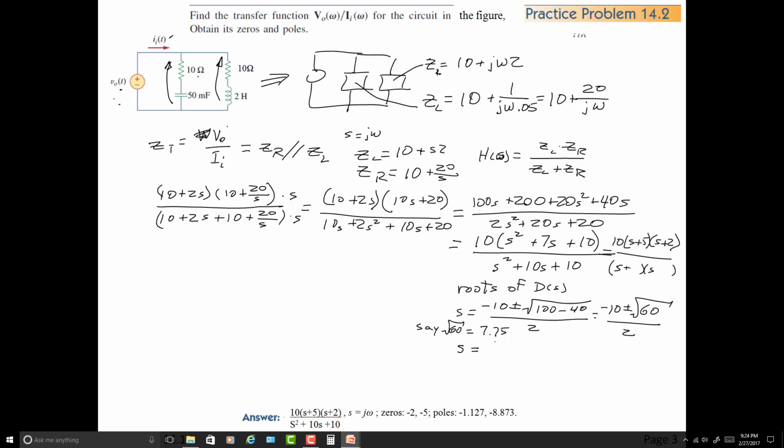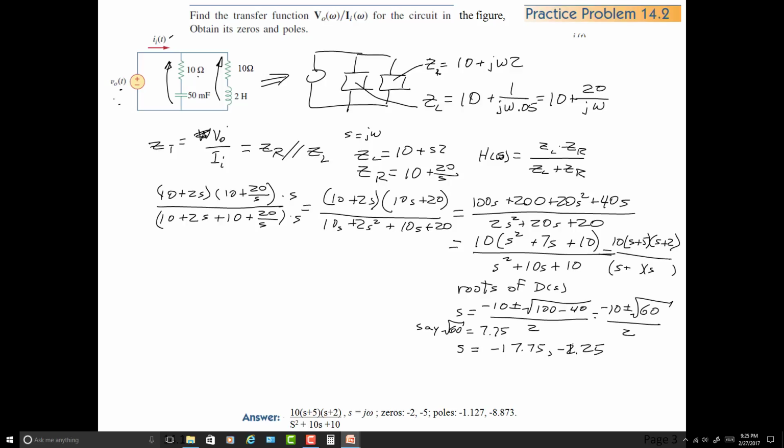So that means s is going to be minus 17.75. Oh, and another root will be minus 10 plus this. It looks like it will be about minus 2.25. Is that right? Yeah, 2.25.